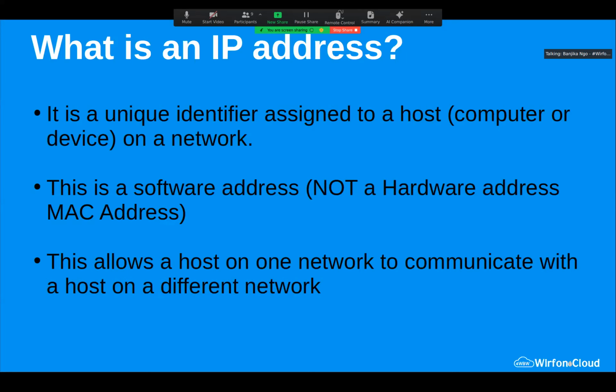There is also something known as a MAC address, which is more of hardware. So it's encoded. While an IP address is a software address, the MAC is a hardware address. And what does the IP address do? It allows a host on one network to communicate with a host on a different network. So that's just a basic definition of an IP address.